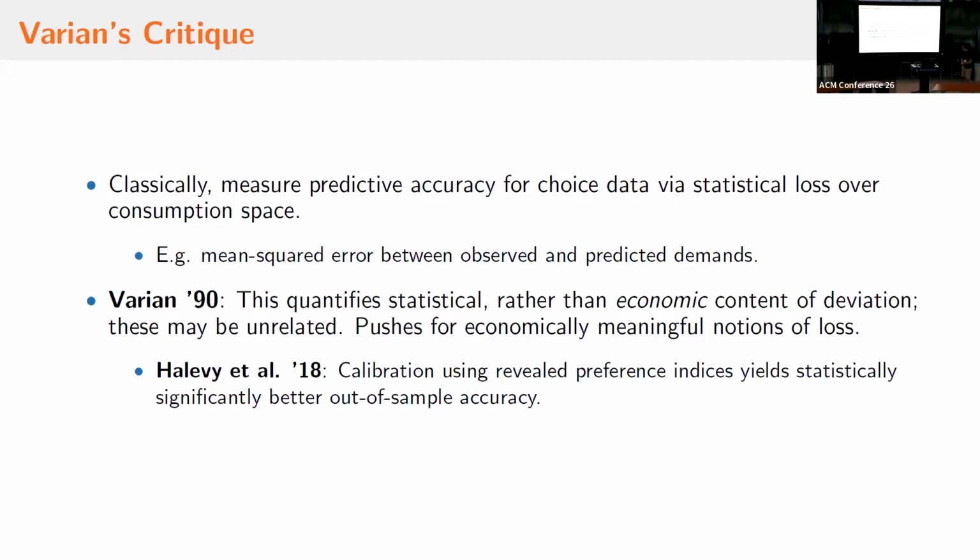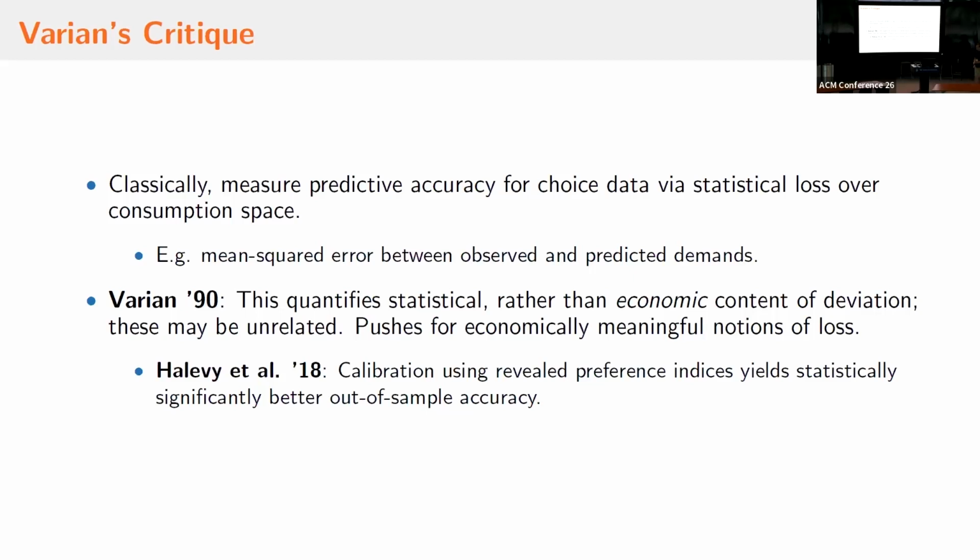Now, in 1990, Hal Varian came along, and he argued that this approach, trying to use these statistical notions of loss applied to choice data on the consumption space, was quantifying what he termed the statistical, rather than economic, content of these deviations. And he argued that these could be arbitrarily unrelated to each other.